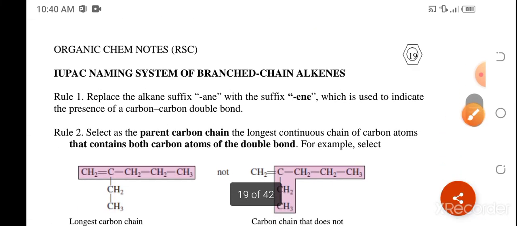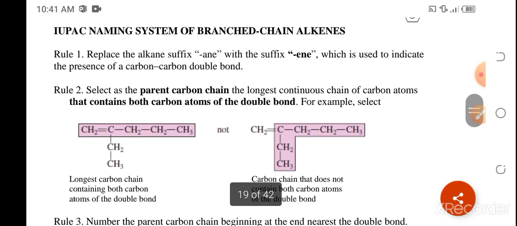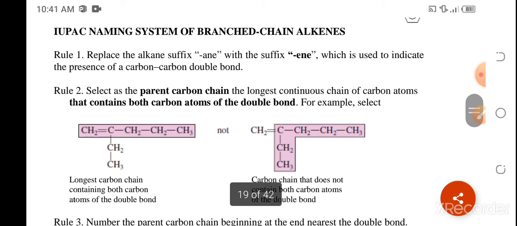What about if there are substituents? Okay, so we still have to follow the rules similar to alkanes, into which you have to choose the parent chain as being the longest chain.